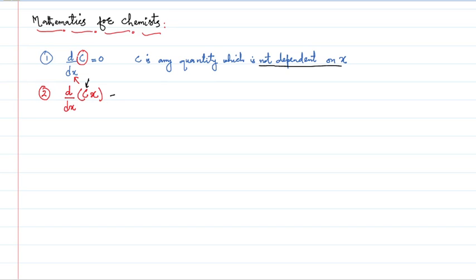So what you have to do, you will first take out this independent quantity or constant outside and write dx upon dx. It will be simply equal to 1, so we can simply write it as equal to c. We will see a few examples related to this one.